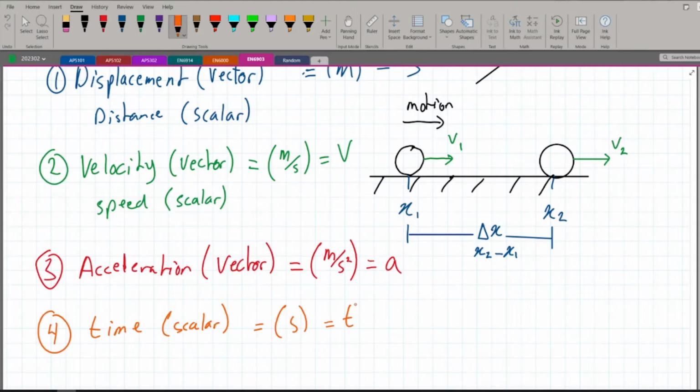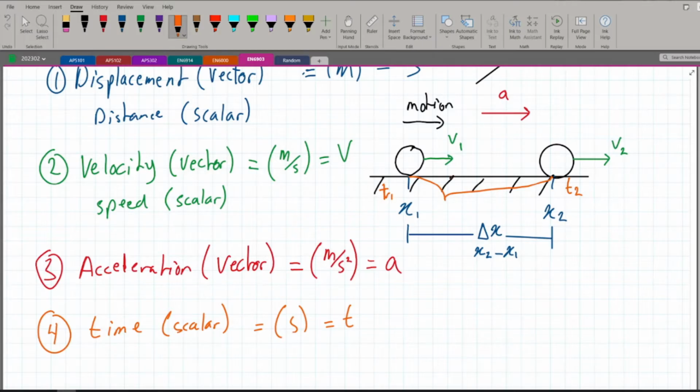will denote time. So if we look at this ball example, this is going to have a specific acceleration in one direction. In this case, it's going to have an acceleration in this direction. And time is going to be the time it takes for this to reach from this area to this area. So here we're going to have t1, and here we're going to have t2.